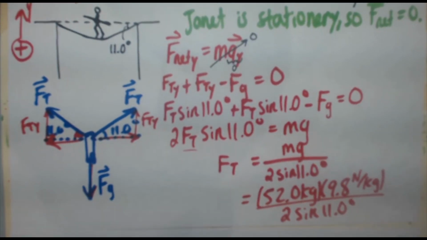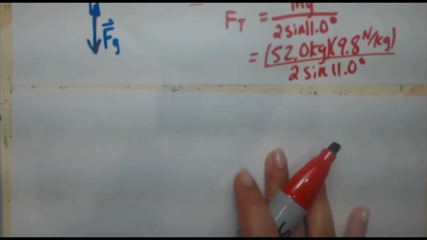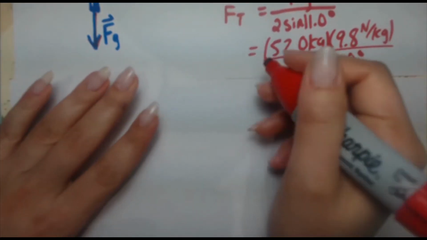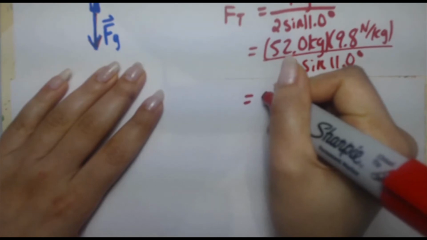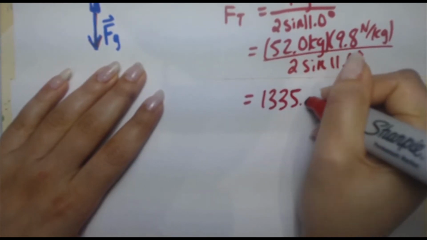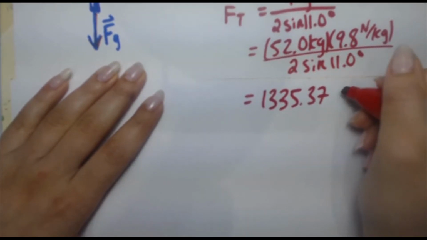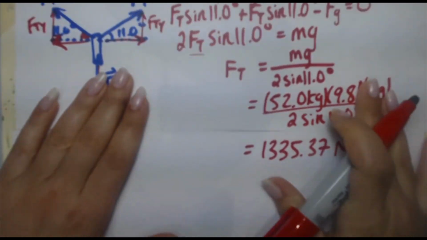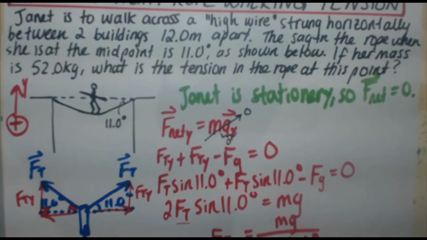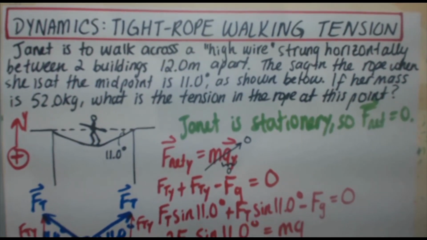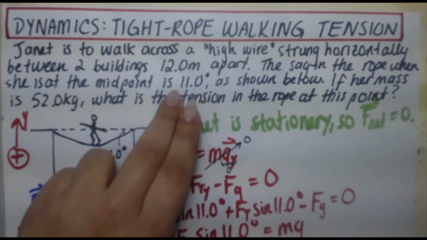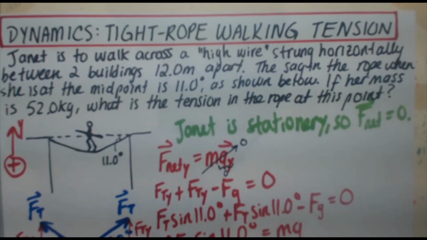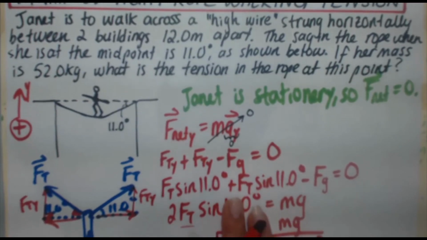When you calculate this expression out, you are going to get 1335.37 newtons. Now remember, based on the original problem, we have to express it to 3 sig figs.